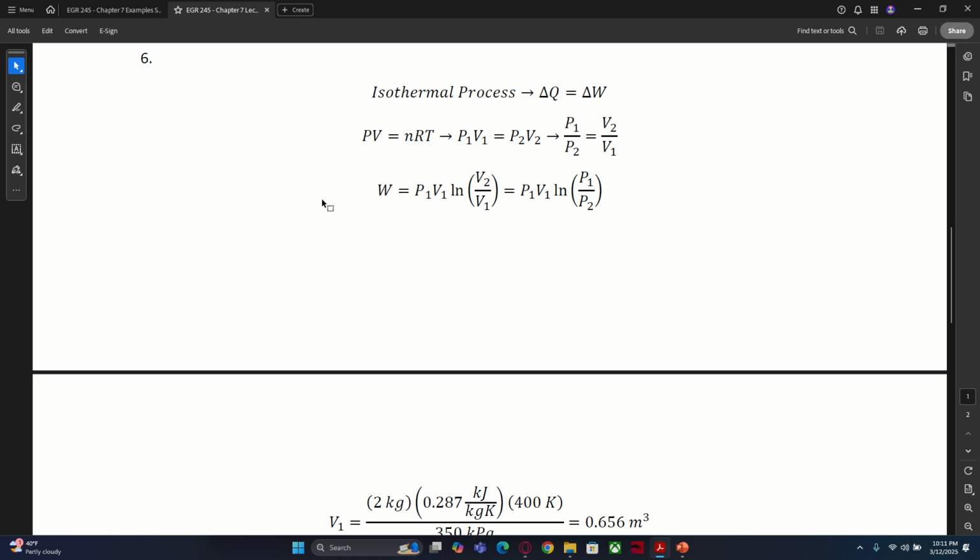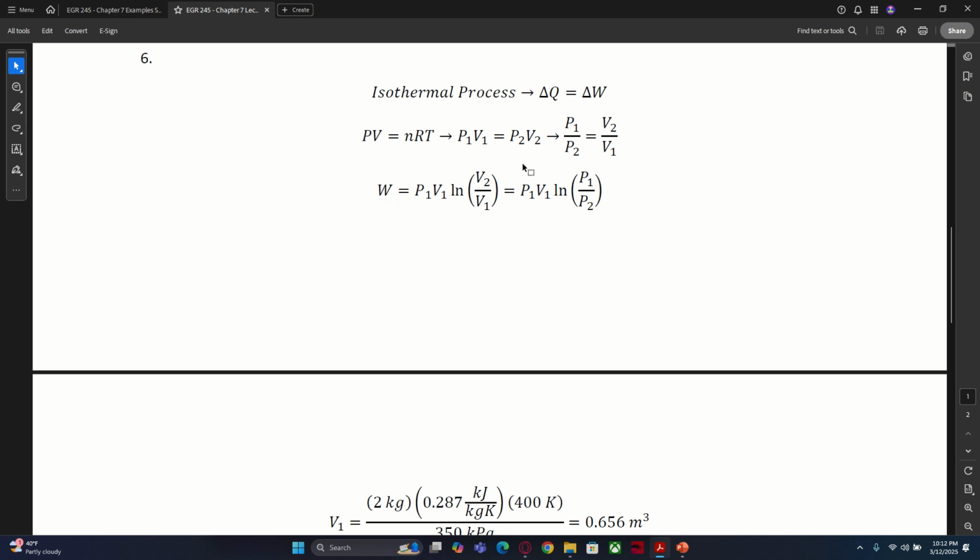So going from our prior equation for work, initial pressure times initial volume times the natural log of final volume over initial volume, we can replace this ratio V2 over V1 with P1 over P2 based off of the simplification we just did.